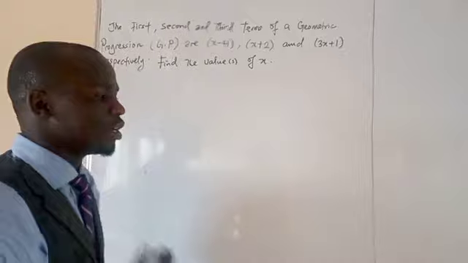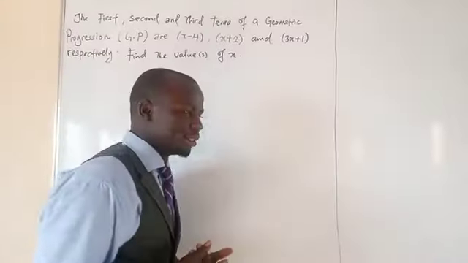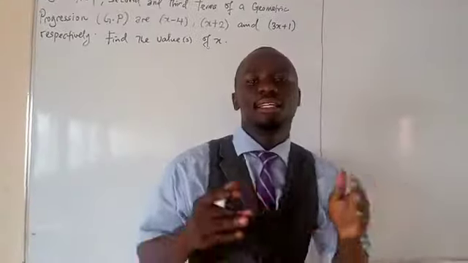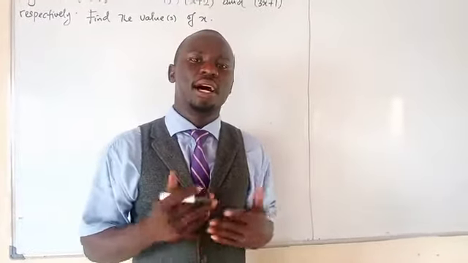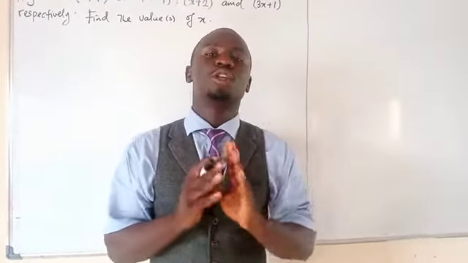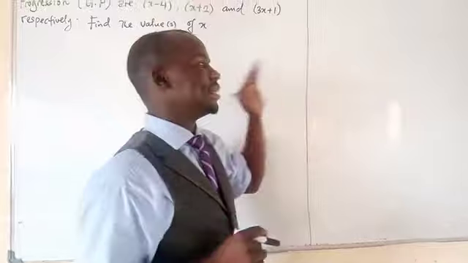Now, just like we know, a geometric progression, unlike the arithmetic progression, does not have a common difference. Rather, it has a common ratio. So we're going to use the ratio in order to find this value.